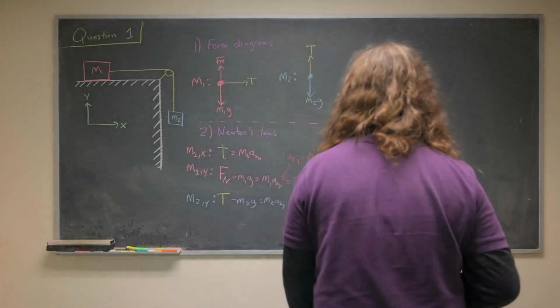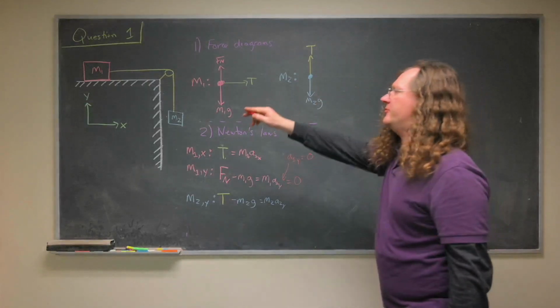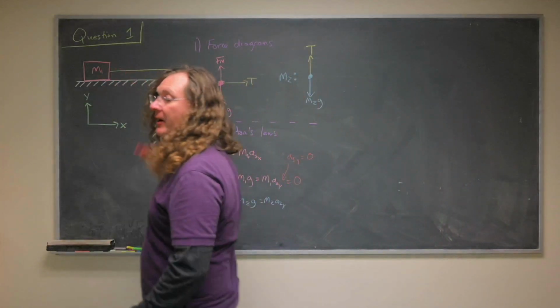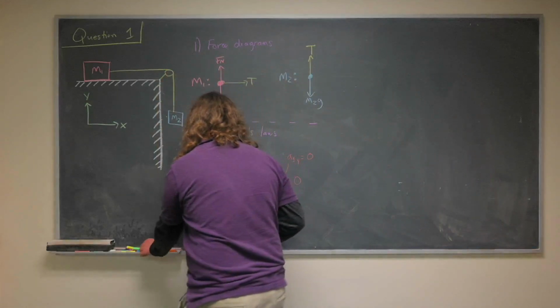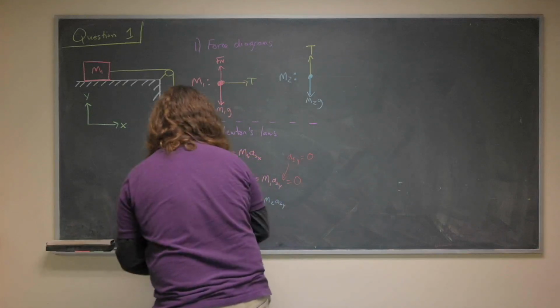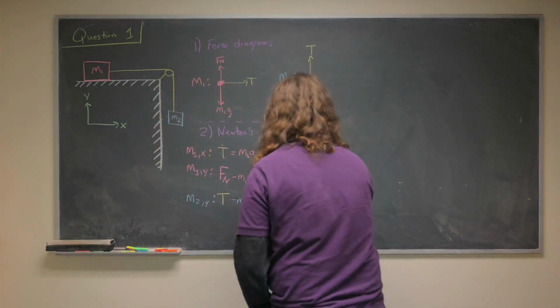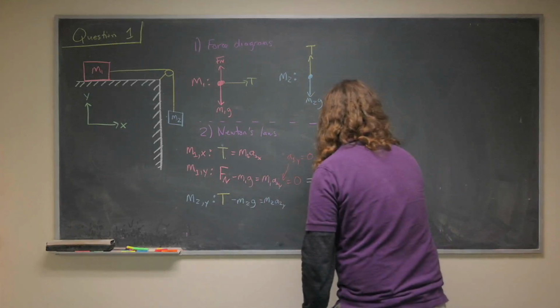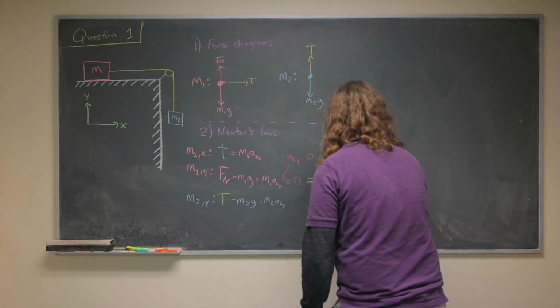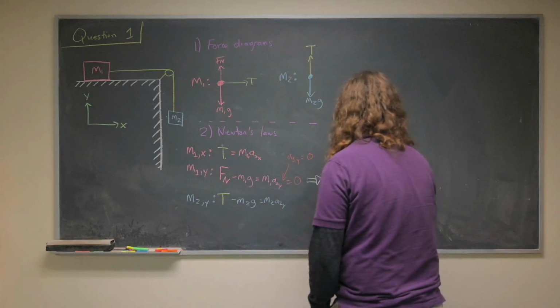This is 0 because this doesn't move up or down. And that means that this equation just tells me, if this is 0, that the normal force equals m1g.